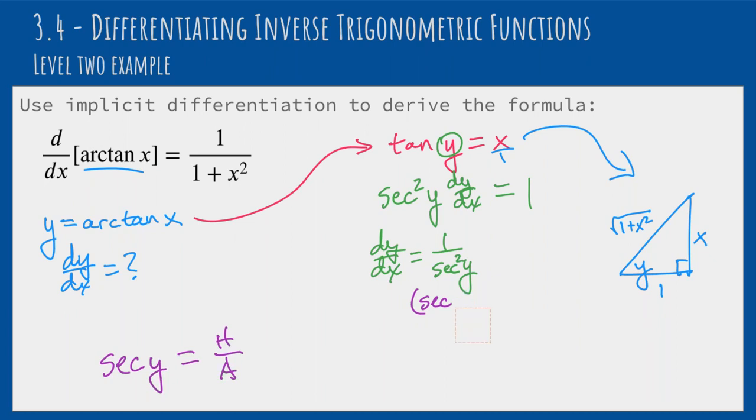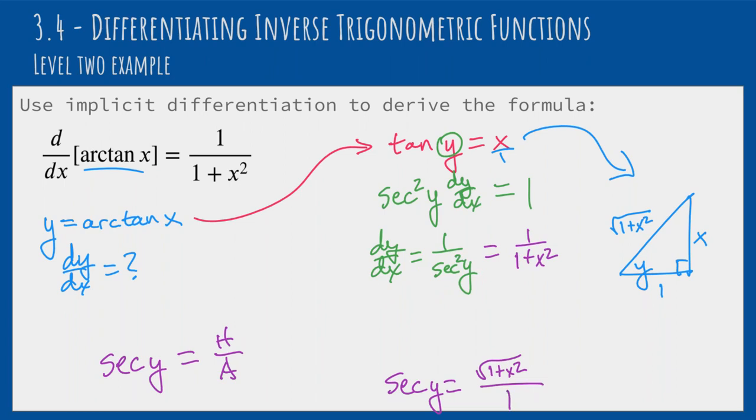So the secant of y is going to be the hypotenuse, square root of 1 plus x squared, over adjacent, which is 1. And then we want to know what secant squared of y is, so we're going to square that, and it's just going to be 1 plus x squared.